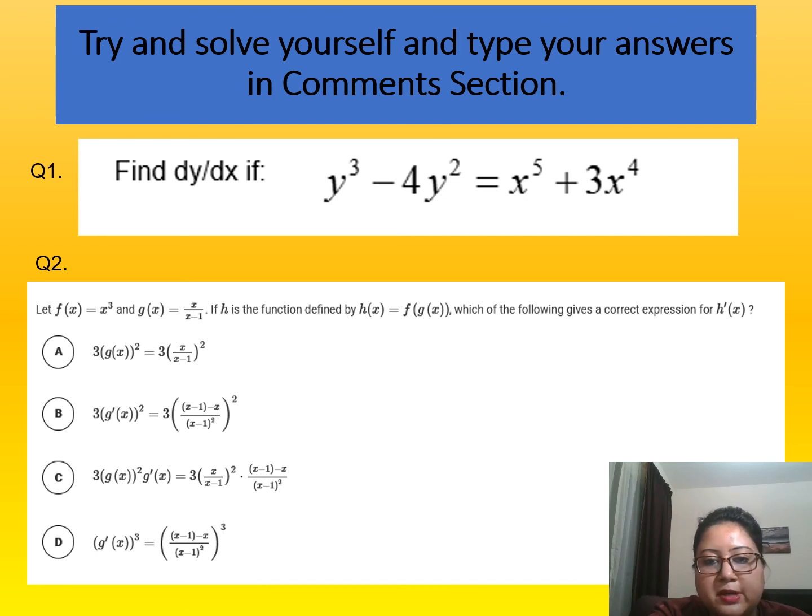Question 2 is a multiple choice, so you just have to give me A, B, C, or D as the correct answer. And let me give you a hint for question 2: this question too is based on the chain rule. So I would highly appreciate it if you watch the previous video and this video, both of them, and then go for these questions.